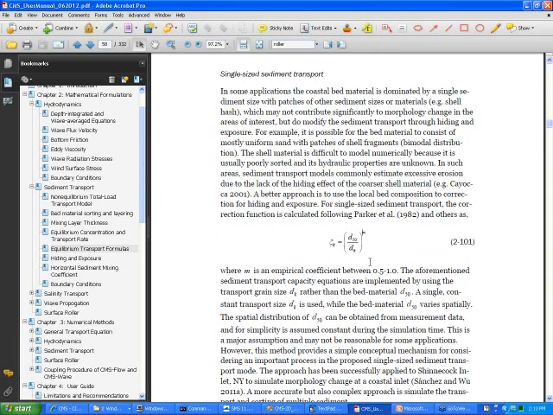Okay, and because it's a single size sediment transport model, the d50 does not change. This is an ad hoc way of including an important process in a single-size sediment transport model. We did this early on when we didn't have multiple grain sizes. This is the option that is available with the explicit model, which currently does not support multiple grain sizes.